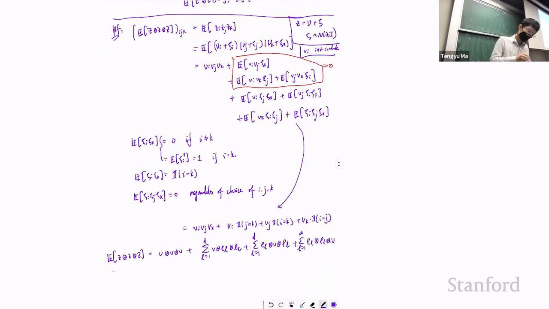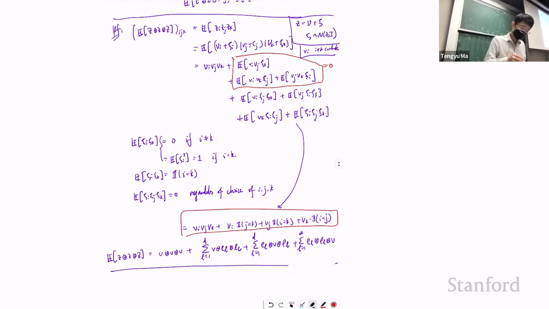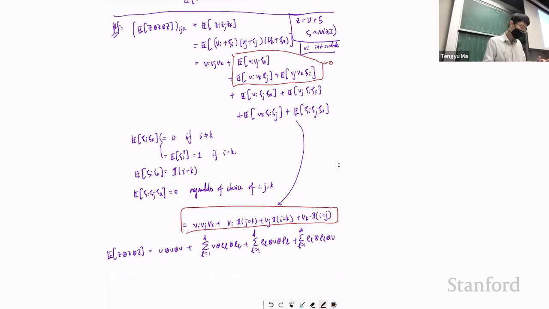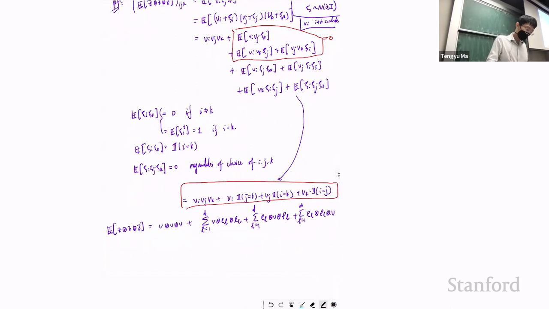All right, so this is our target equation. This is what we got for every entry. So let's just verify that they are the same thing. It's just a reorganization.